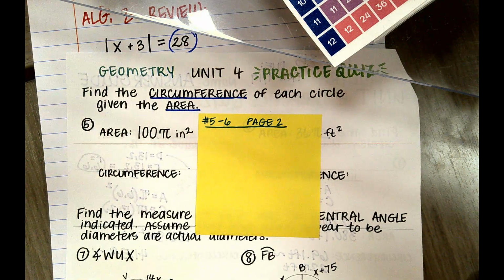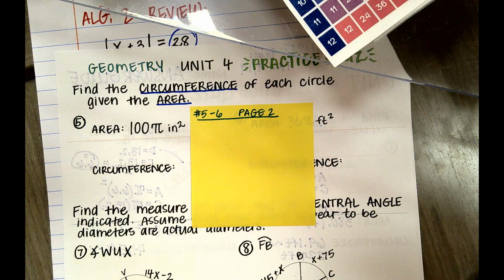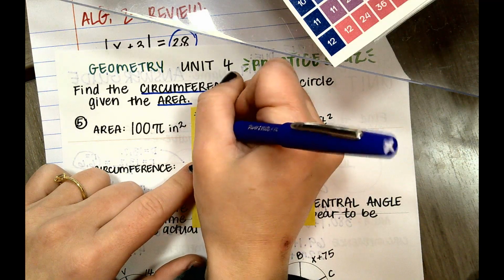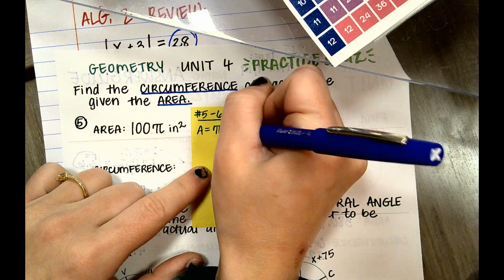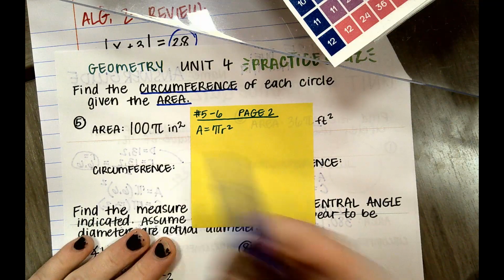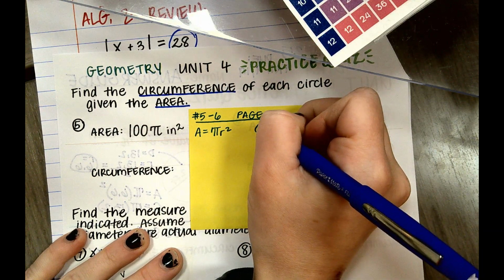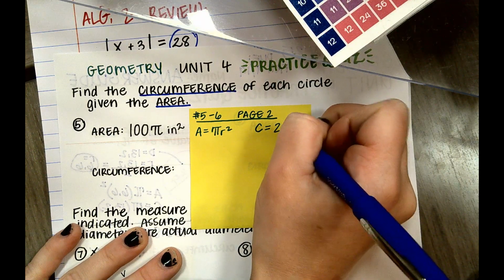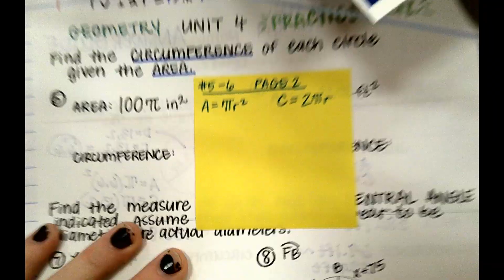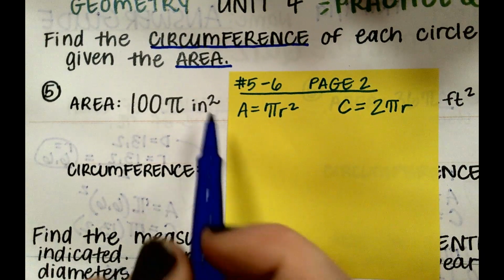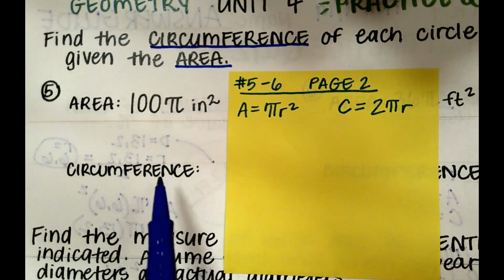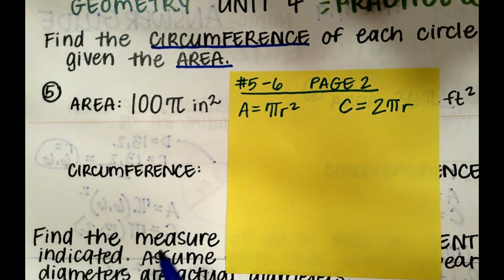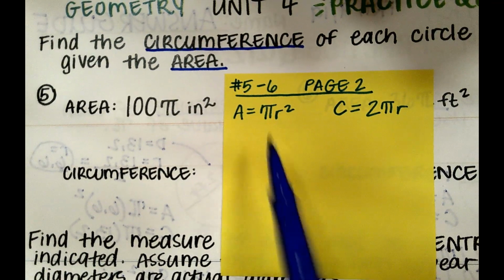So if I am given an area and I want to find the circumference, we're going to need both of those formulas again. I'm going to need area formula, the pi r squared, and I also need circumference formula. And we're going to use 2 pi r for these problems. Now, to go from area to circumference, we need to solve for the radius first.